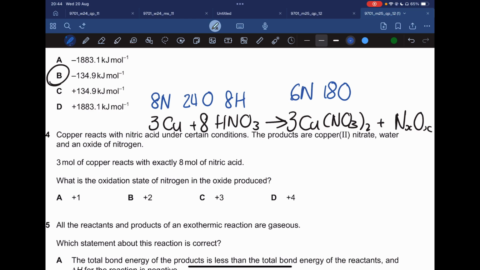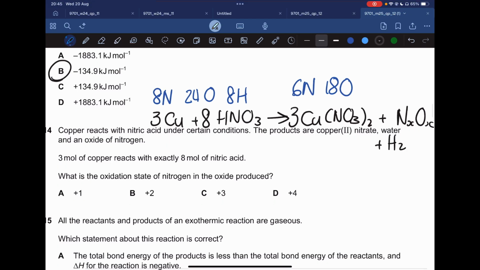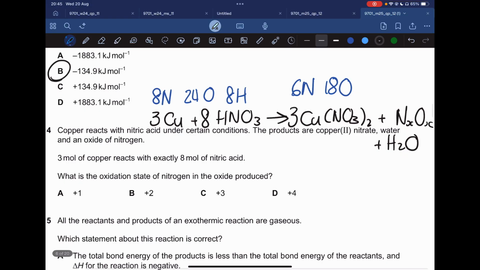We're missing something. Yes, we're missing water. Remember the product here is water, so let's have H2O. Let's try to balance the water out in this case. Because we have 8 hydrogens on our side, let's make that 4. So the hydrogens balance out now.